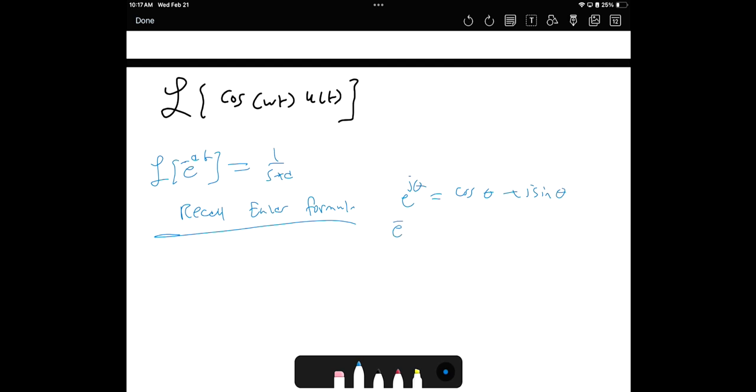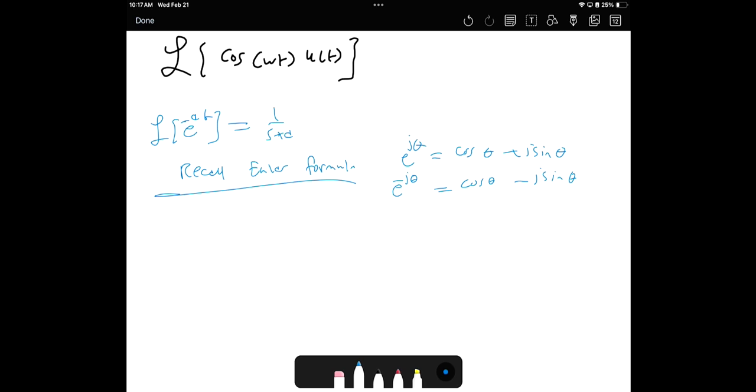And e power negative j theta equals cosine theta minus j sine theta. Okay? We know this from Euler formula. Then there is a result about the sine and cosine. So cosine theta will be e power j theta plus e power negative j theta, divided by 2.